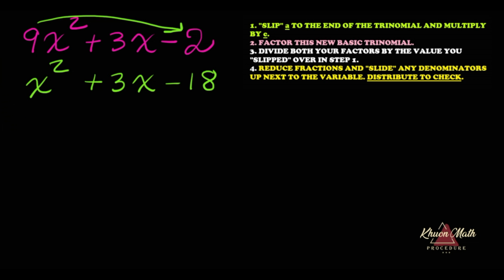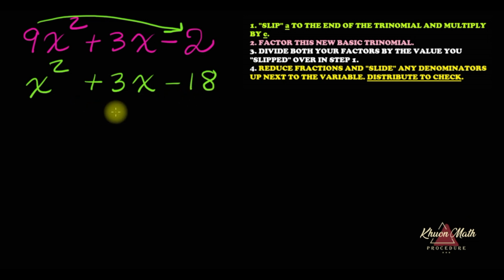Step 2 is to factor this new basic trinomial. So by moving the 9 over, if you look at this, 9x squared plus 3x minus 2, and then the x squared plus 3x minus 18. So the x squared plus 3x minus 18 is a lot easier to factor.